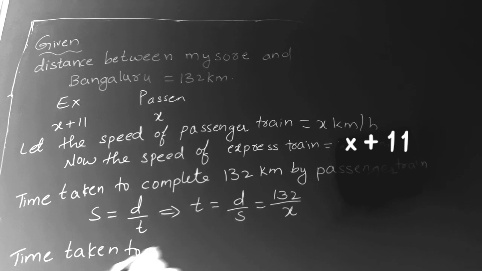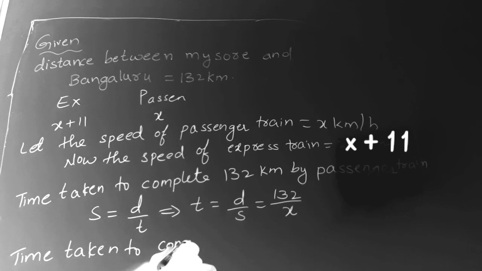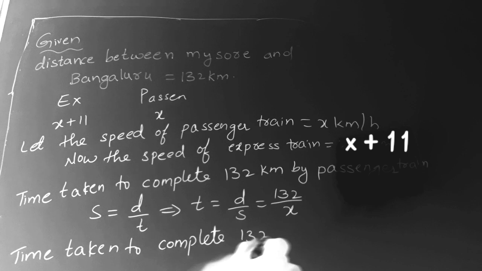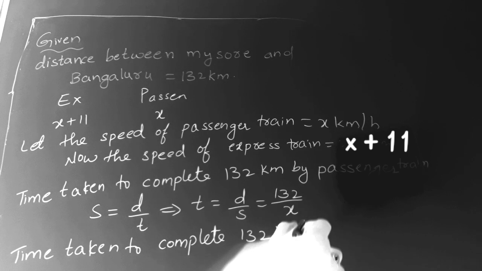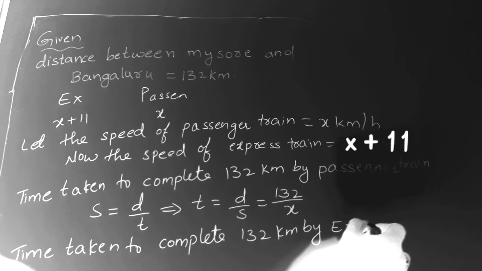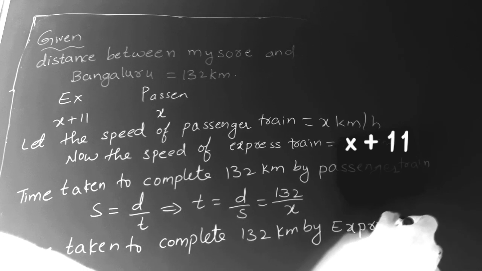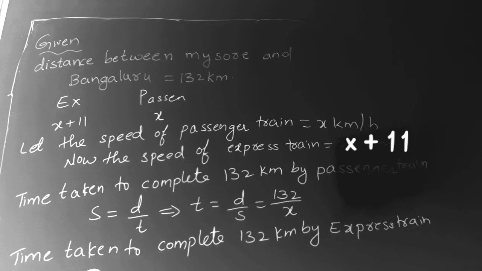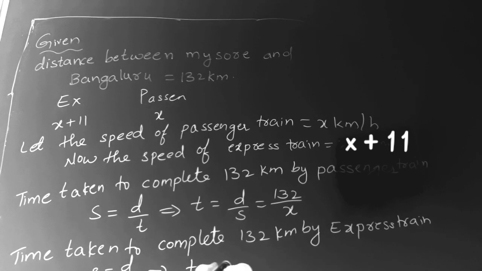Similarly, time taken to complete 132 kilometers by the express train. Okay, we know that speed is nothing but distance by time, so time is nothing but distance by speed.